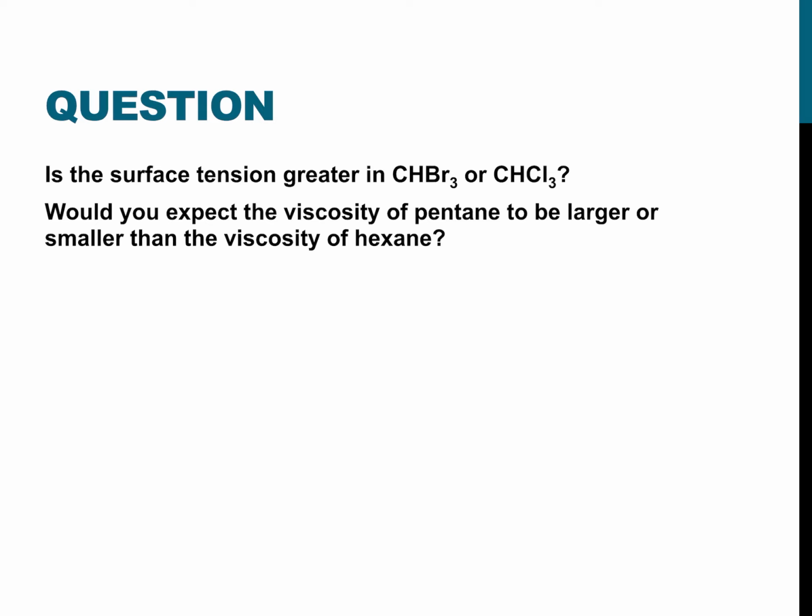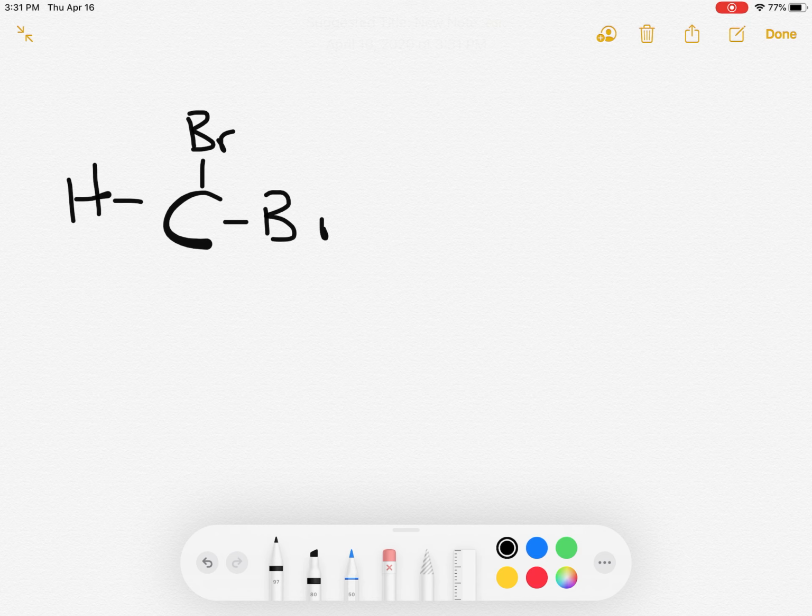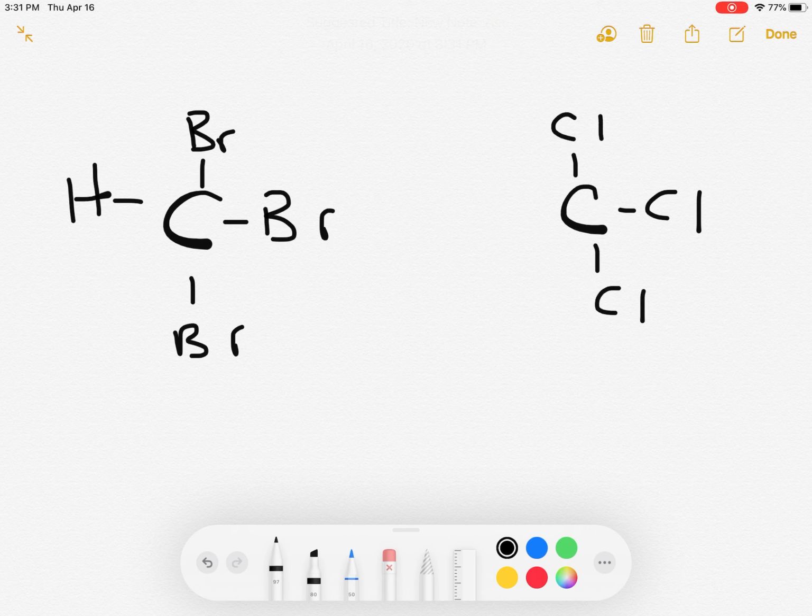Okay, we'll do the next example. This one says, is the surface tension greater in CHBr3 or CHCl3? So CHBr3 is going to look like this. They're both going to look very similar. But the difference is chlorine is smaller than bromine.